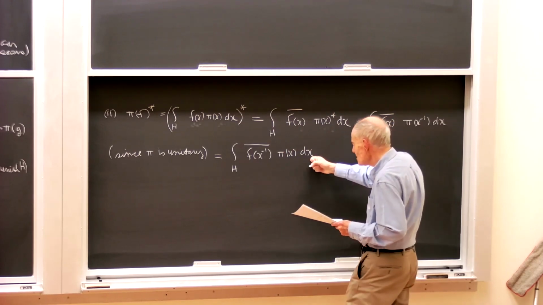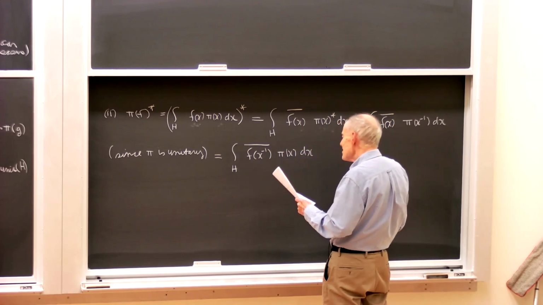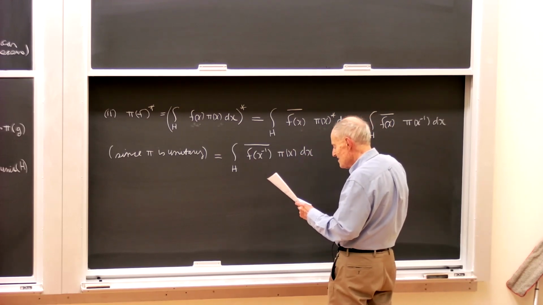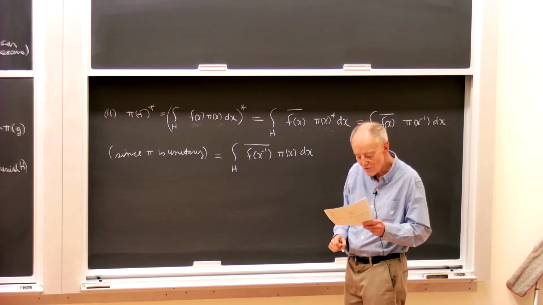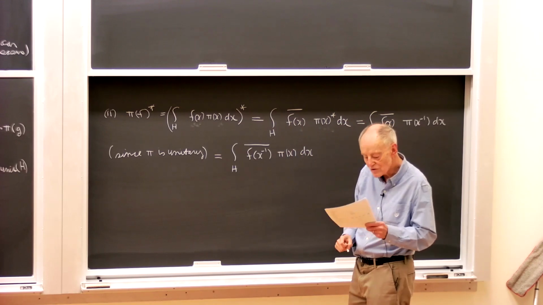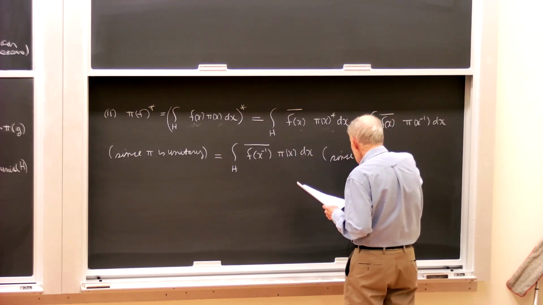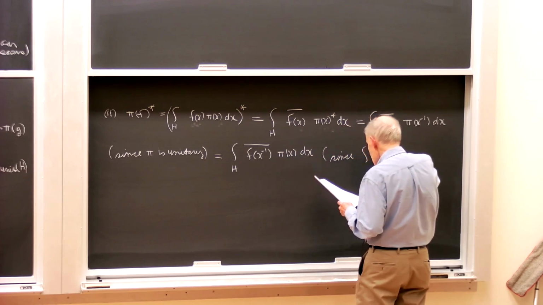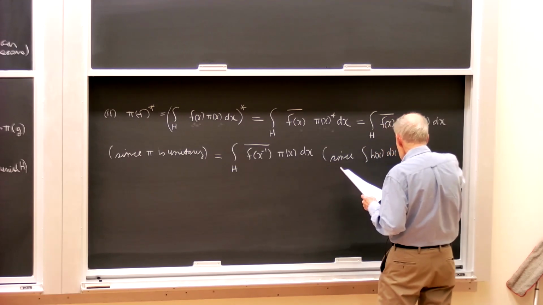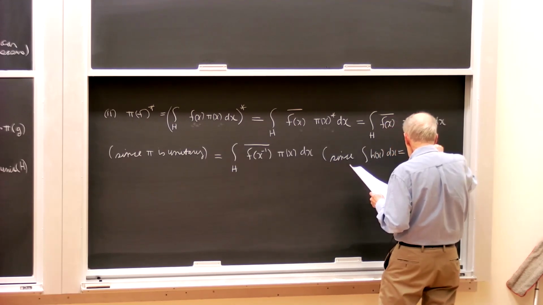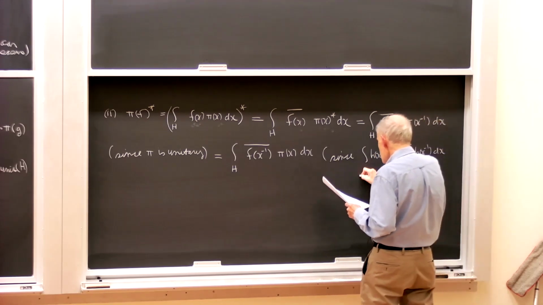The left Haar measure is equal to the right Haar measure. The inverse map preserves Haar measure. That's right. So I'll just say since the integral of any function h of x dx equals the integral of h of x to the minus 1 dx if h is unimodular.